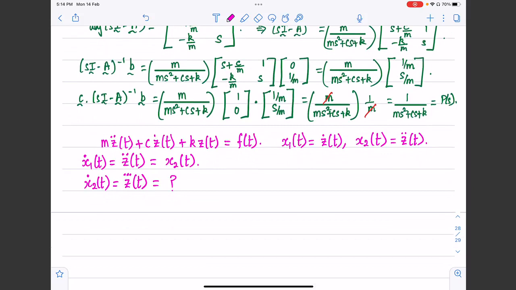So, sir, can we generalize that when we choose the state parameters, the highest derivative of the state parameters should be one less than the order of the equation?